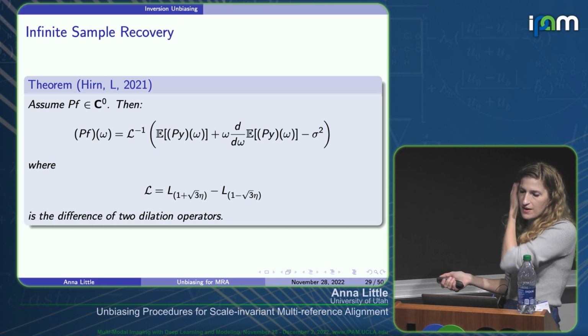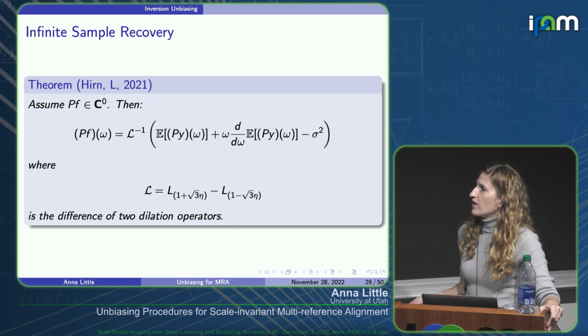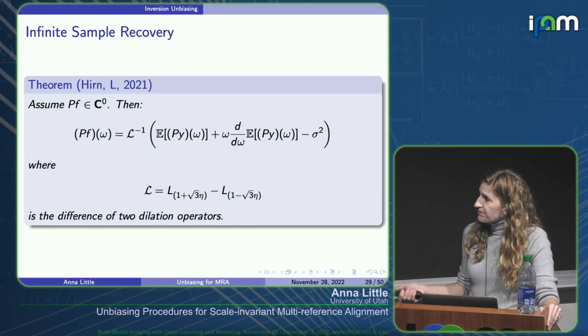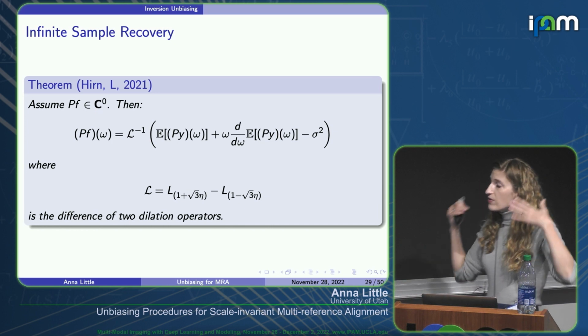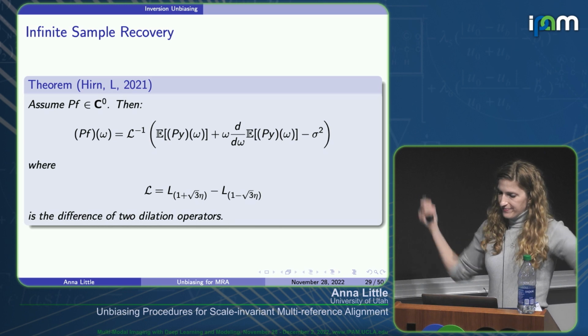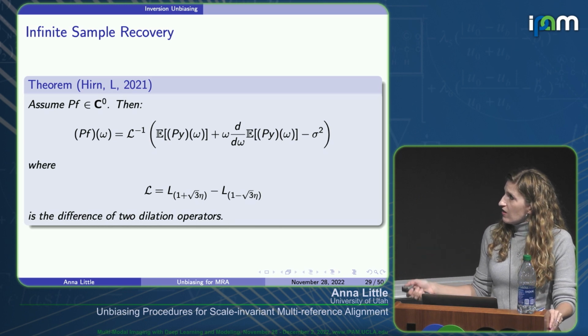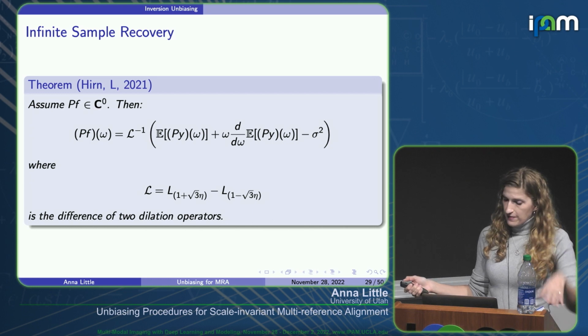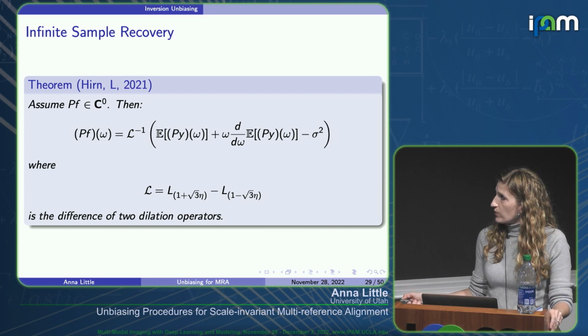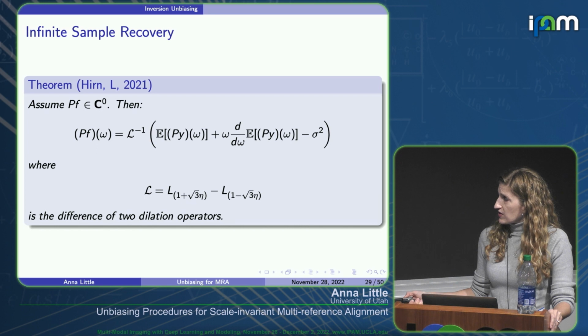Okay, and the whole approach is based on the following observation. In the infinite sample limit, let's say we have as much data as we want, M goes to infinity. Then you know, or have a very good estimate of, the expected value of Py. Remember y is noisy.